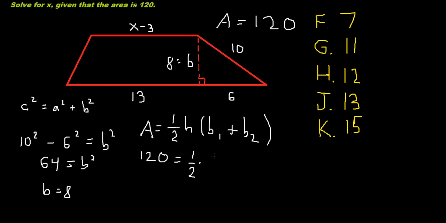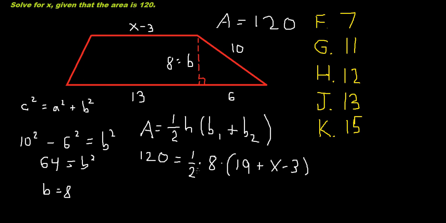So we have 1/2 times 8 multiplied by base 1. It doesn't matter which one it is. We're just going to say the longer base. It's 13 plus 6, which is 19. So we have 19 plus x minus 3, because this base is x minus 3.